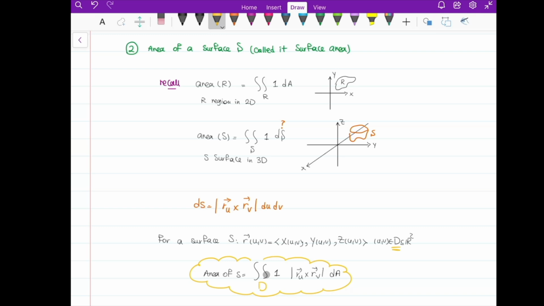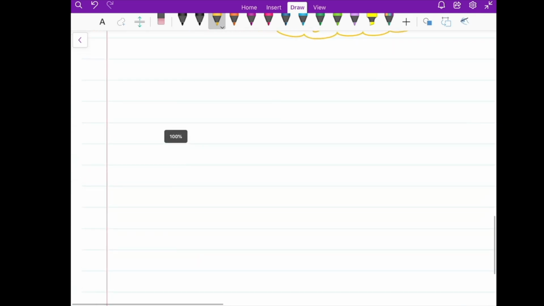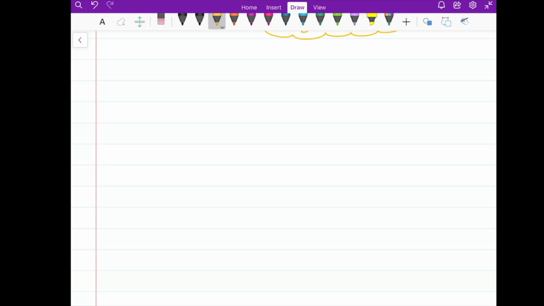Let's look at one example. For example, we're going to find the area of the part of the paraboloid z equals x squared plus y squared that lies under the plane z equals 9.